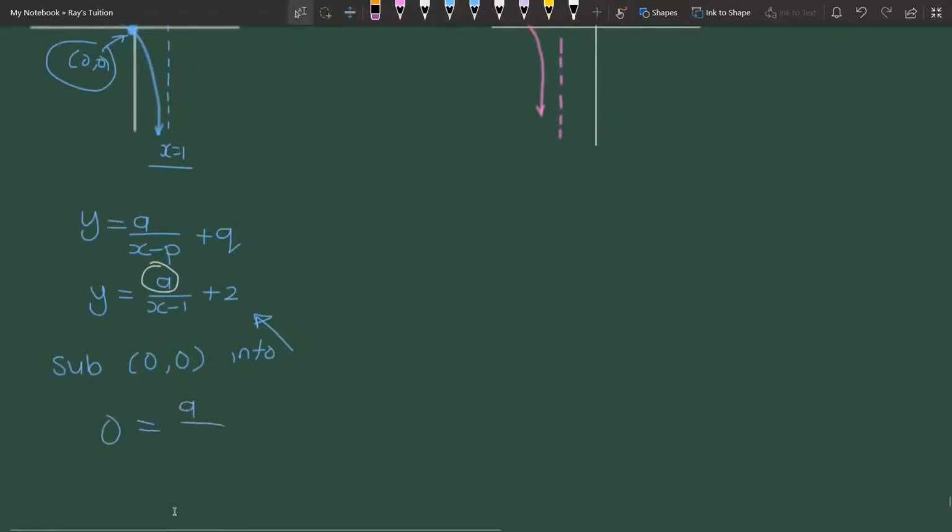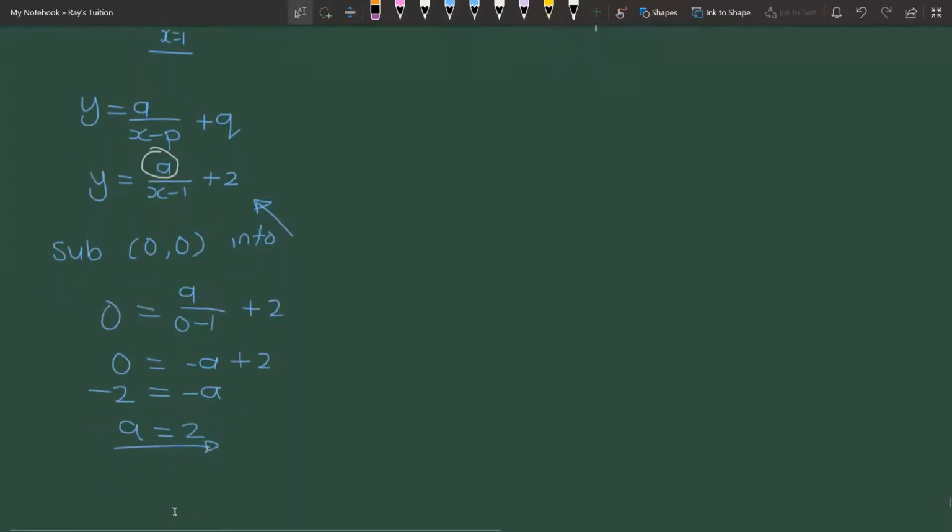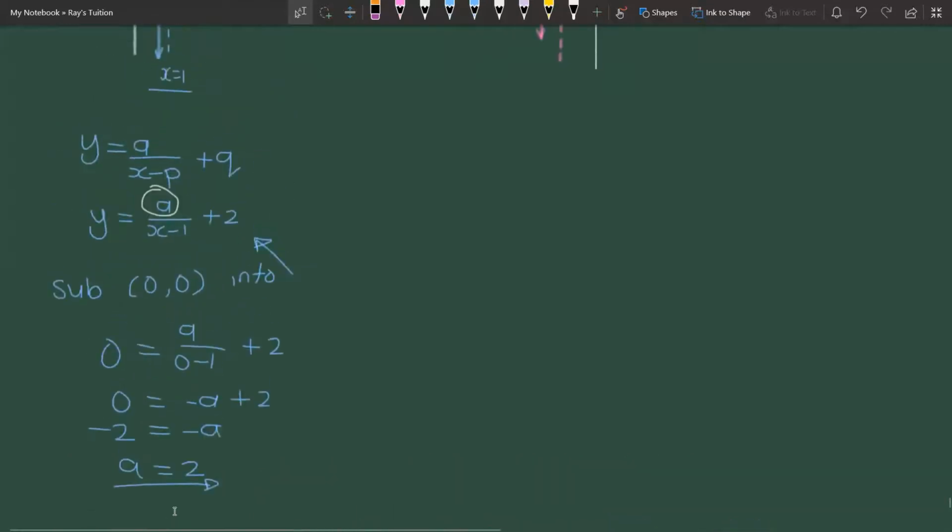In the place of x, we're putting 0. So this is 0 is equal to a over minus 1 plus 2. We take the 2 over. Negative 2 is equal to negative a. Dividing both sides by negative, we get a is equal to 2. Therefore, the equation for our hyperbola is y is equal to 2 over x minus 1 plus 2.